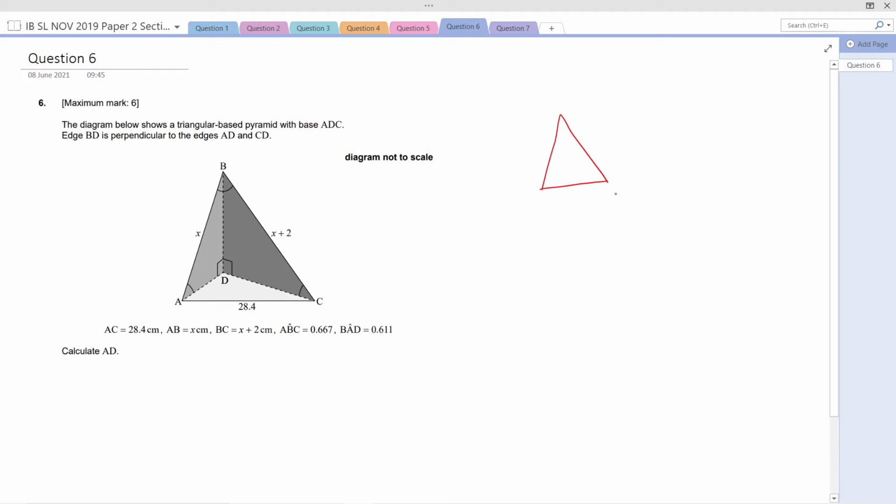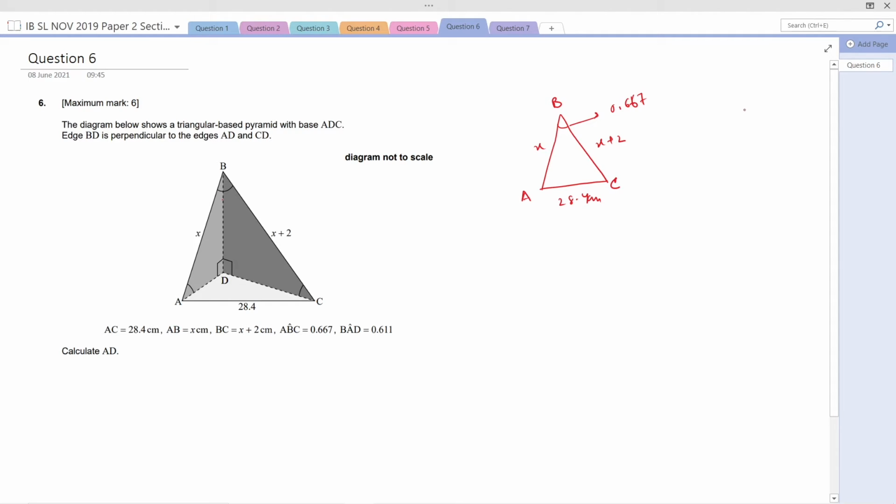Just see A, B, and this is C. I have AB to be x, and this angle ABC to be 0.667, it is given. Then this side is x plus 2 and this side is 28.4 centimeters. So this is the first triangle.